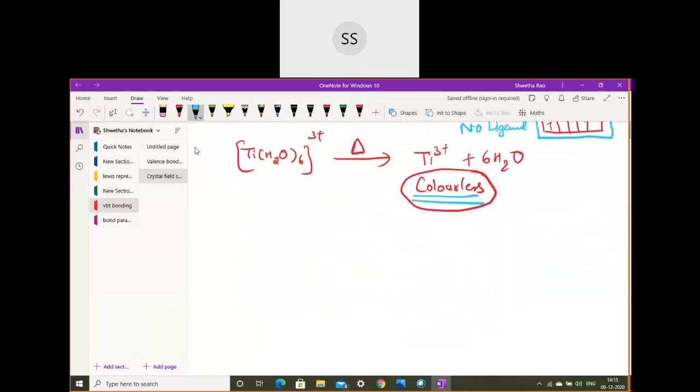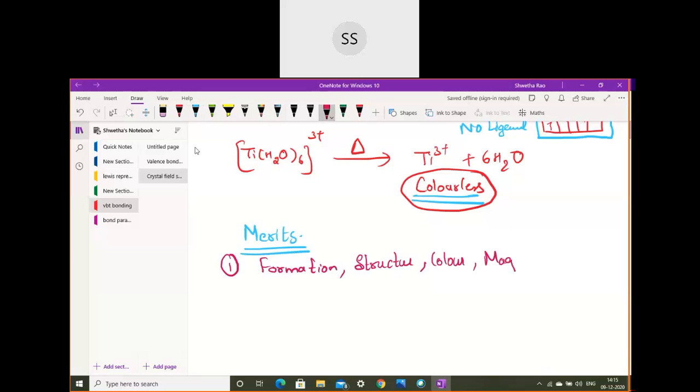Now let us discuss the merits of this particular theory, that is crystal field theory. The merits of this theory are, one, they could explain how formation takes place in the complex.